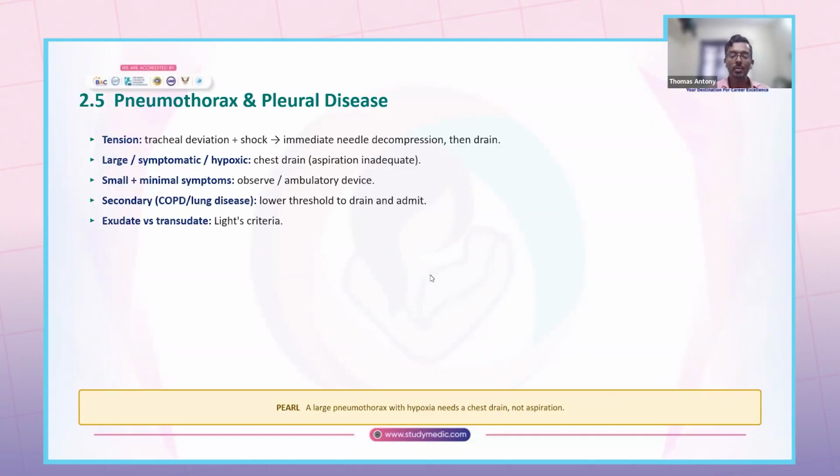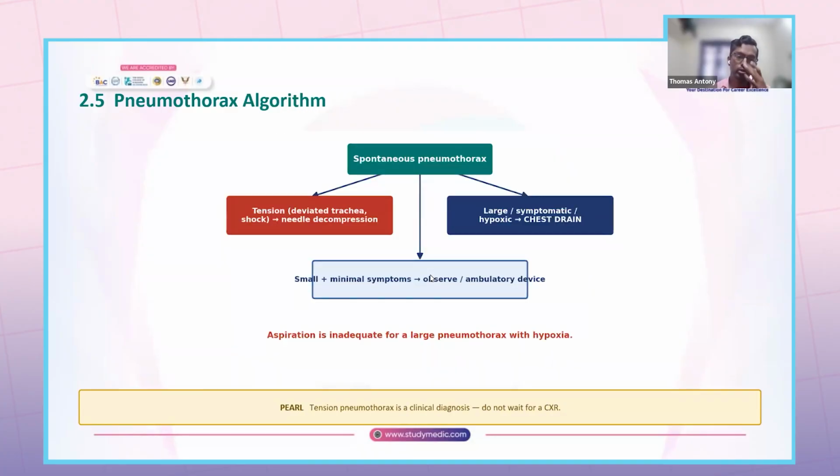So if symptomatic and there is physiological compromise, like hemodynamic instability, there is a risk of lower BP, then you have to put a chest drain. In secondary pneumothorax, we have a lower threshold to intervene. Depending upon the severity, we'll have to go for an intercostal drain. Okay.